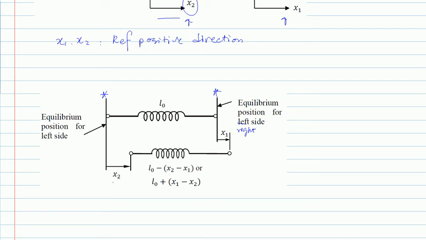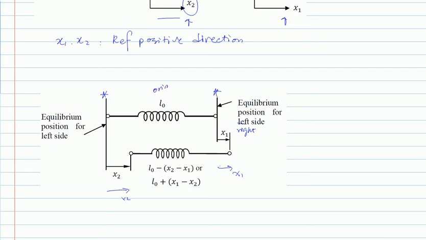Let's say for some reason the spring on the left side was moved by x2, and at the same time the other side is moved by x1.